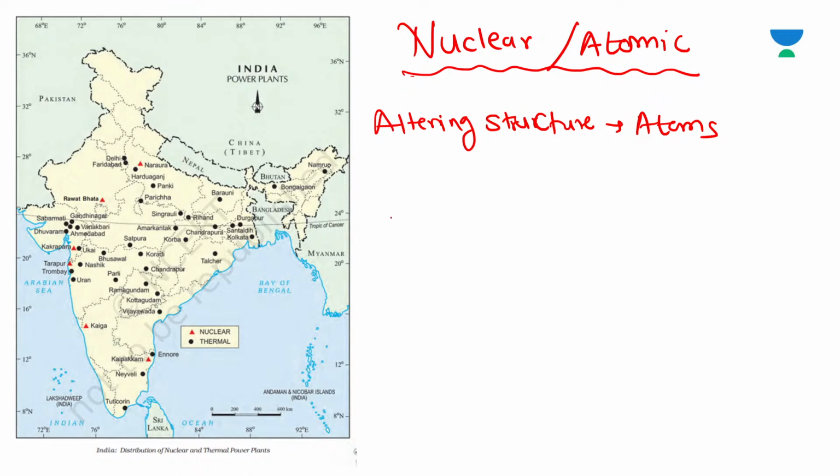Then uranium and thorium, which are available in Jharkhand and the Aravalli ranges of Rajasthan, are used for generating atomic or nuclear power. The monazite sands of Kerala are also rich in thorium.